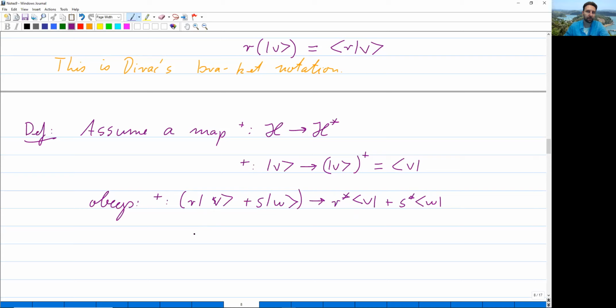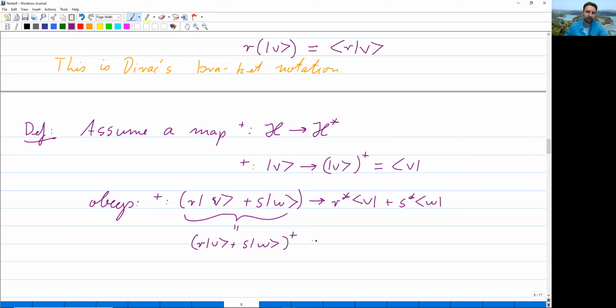So, just to make it clear what this is, this would normally be written as R V plus S W, and then the dagger of it.